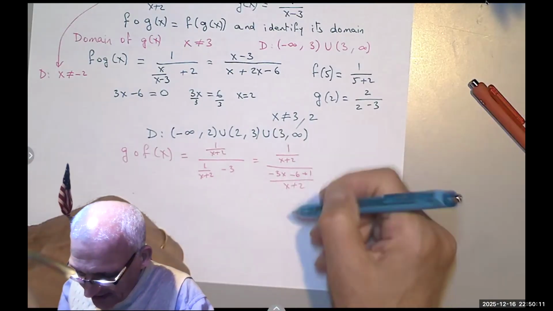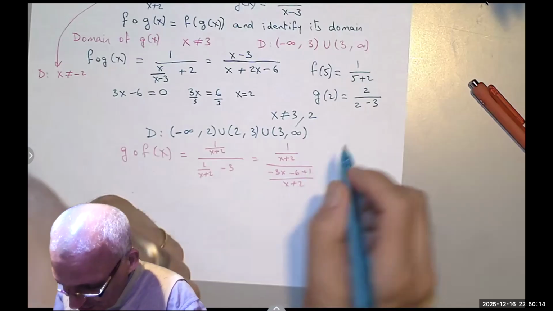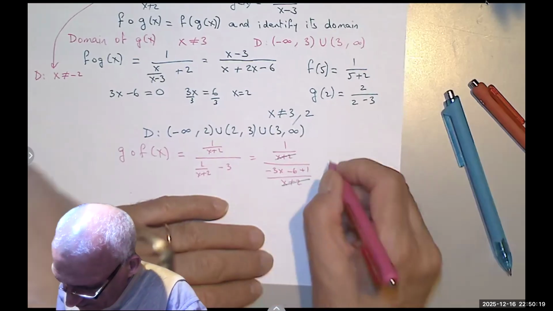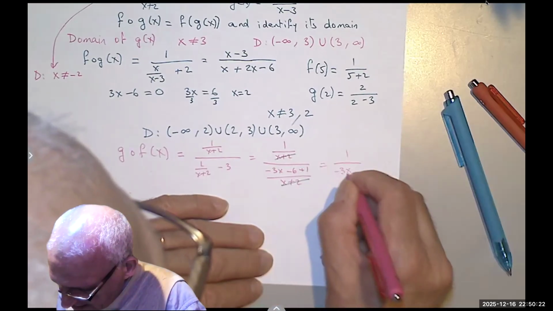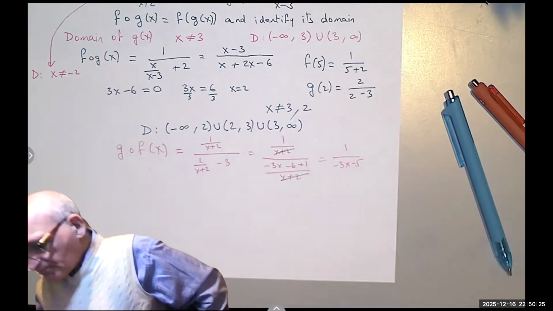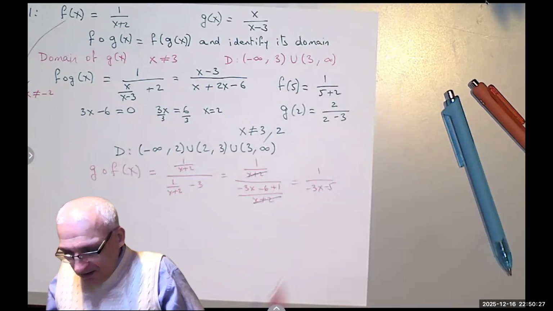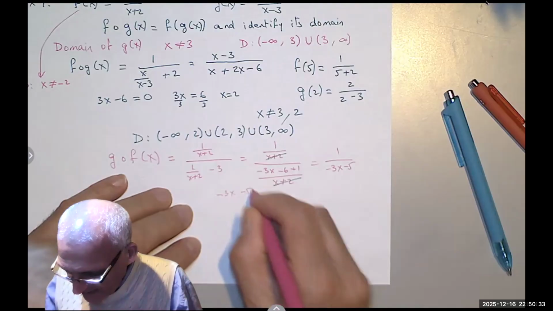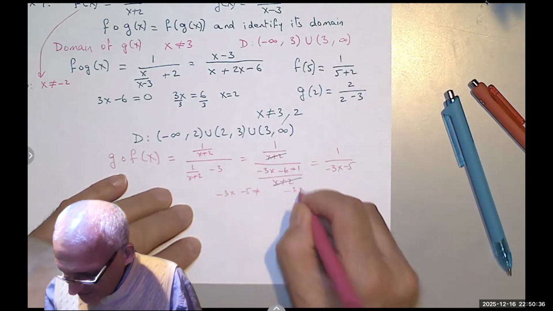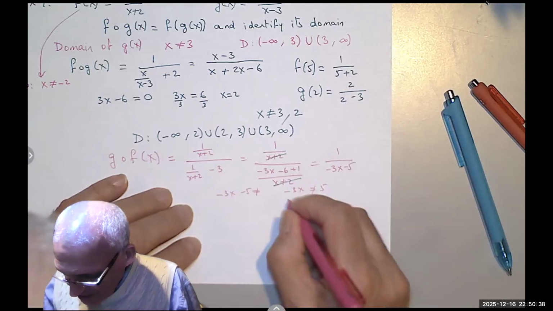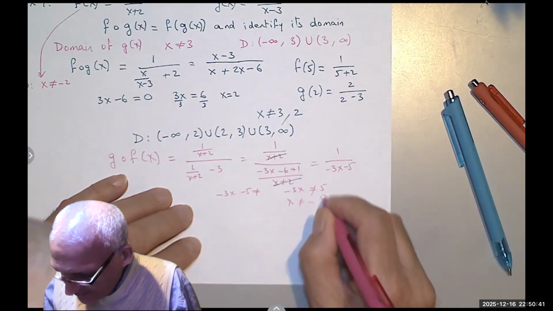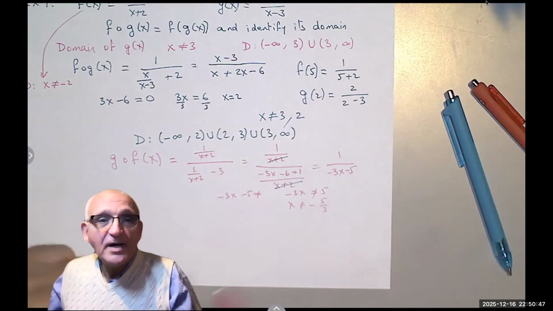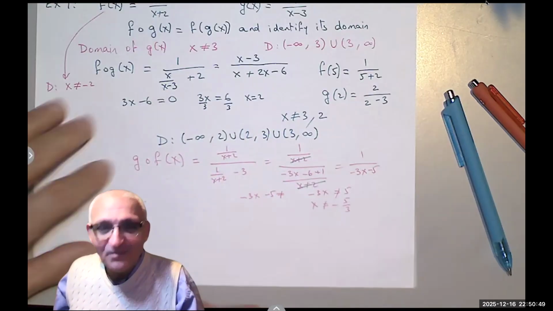Notice I'm dividing two fractions, so I will get 1 over negative 3x minus 5. Okay, so here I don't want negative 3x minus 5 to equal 0, meaning I don't want negative 3x to equal 5, so I don't want x to equal negative 5/3, which is another point that was taken away from my domain.